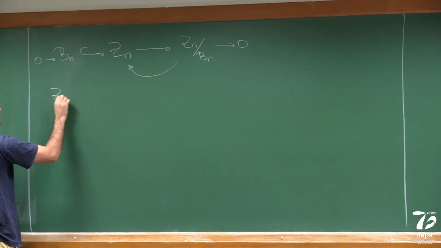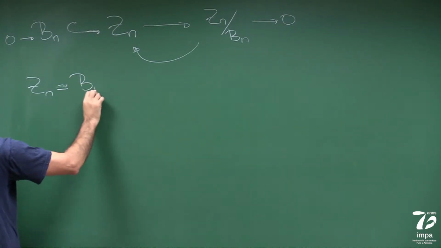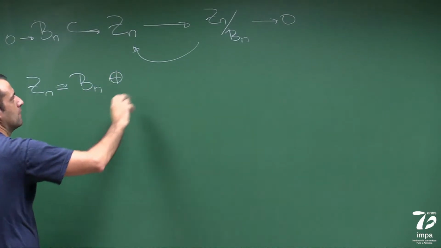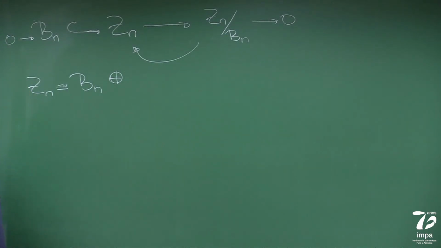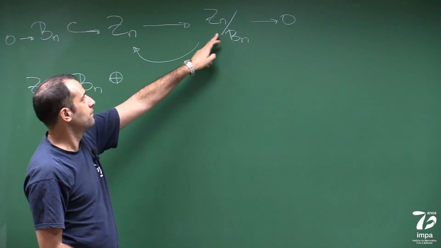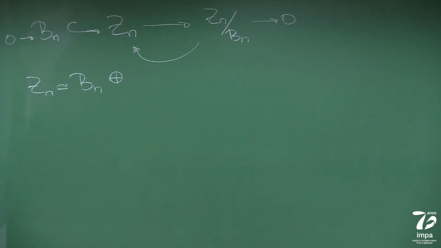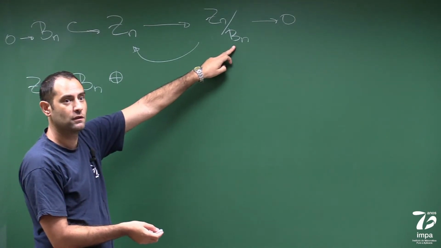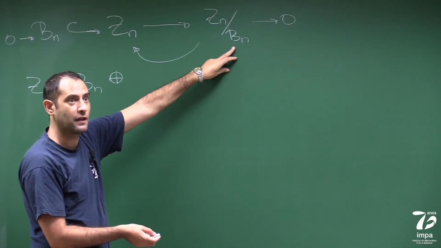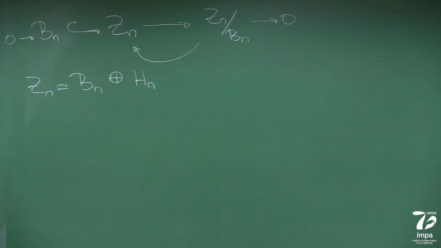So Zn can be written as Bn plus this space, whenever I choose any splitting here. But this space is the kernel of D modulo the image of D, and this was our definition of Hn. That was our definition of the n homology group.